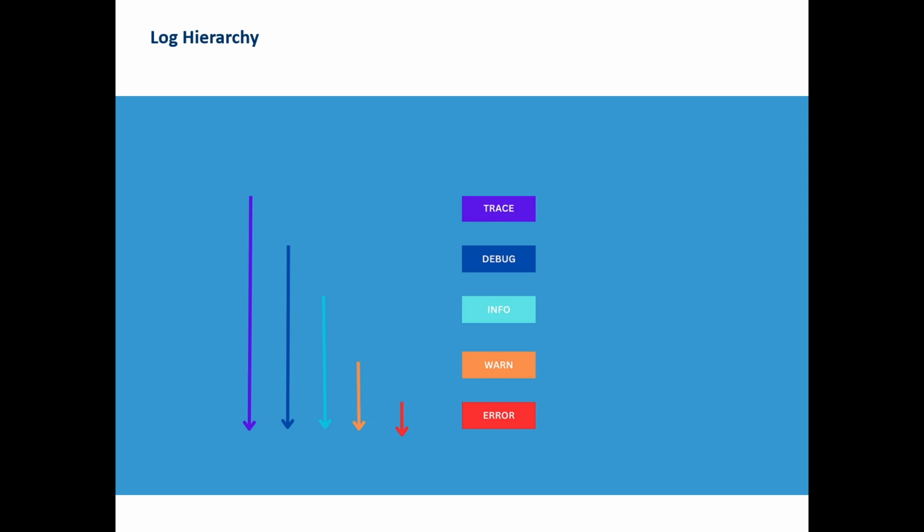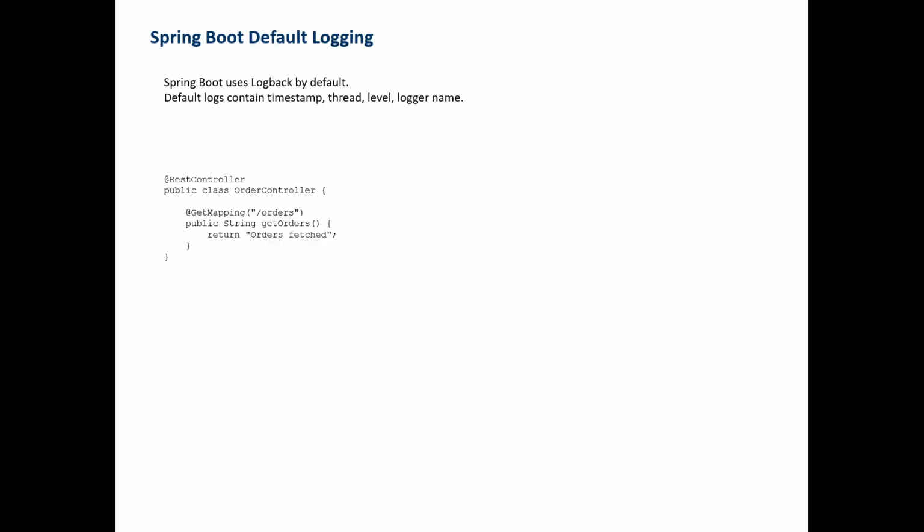Trace is the most detailed level. If you enable debug, then you can see debug, info, warning and error messages. If you enable trace, then you can see all these messages.